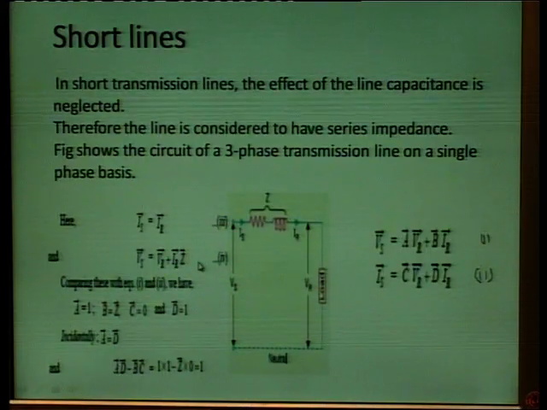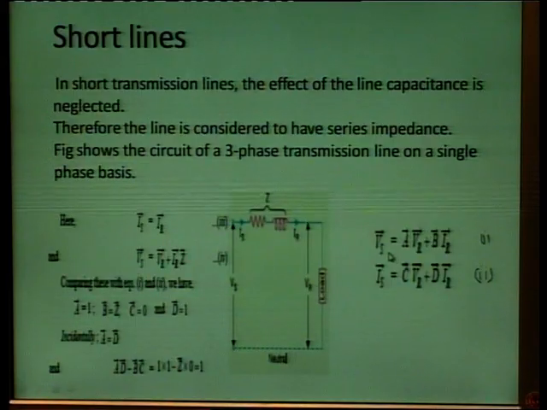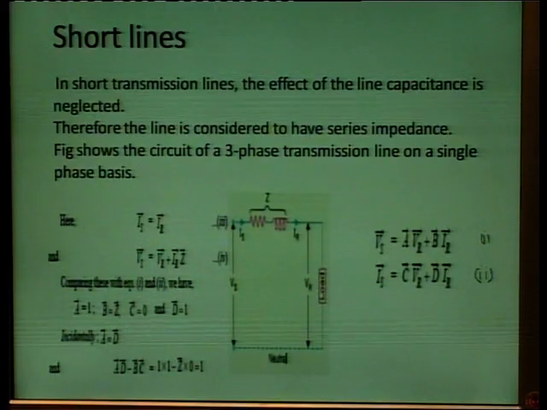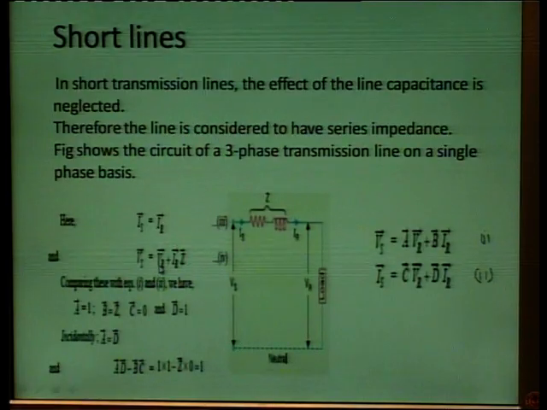Comparing equations 3 and 4 with equations 1 and 2, which are in the generalized circuit constants form, Vs is AVR plus BIR, Is is CVR plus DIR. In the equation of Vs, AVR is written in the first equation. In equation number 4, it is written VR only.